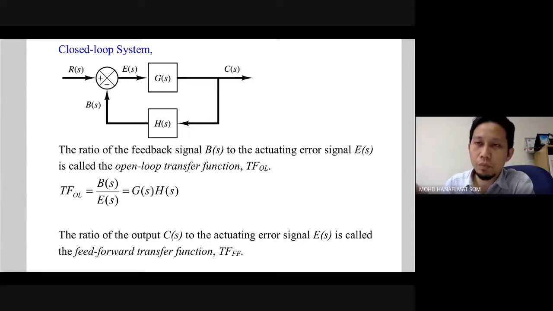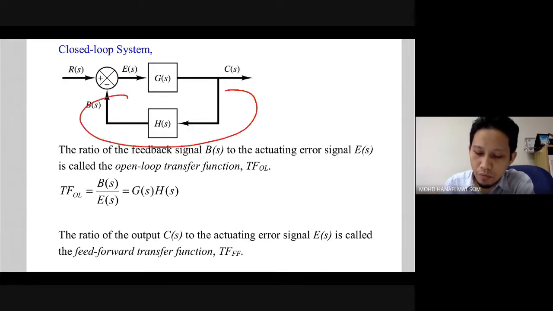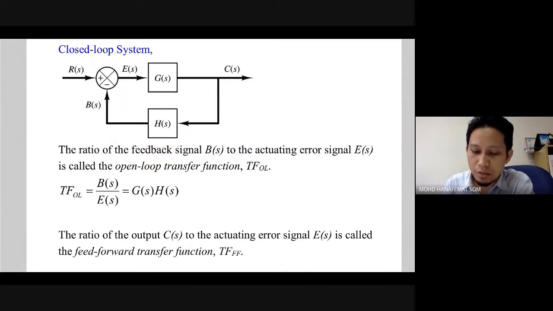The open loop system is a system that does not have feedback. Otherwise, the closed loop system is a system that consists of a forward path as well as a feedback path. So this is the closed loop system.